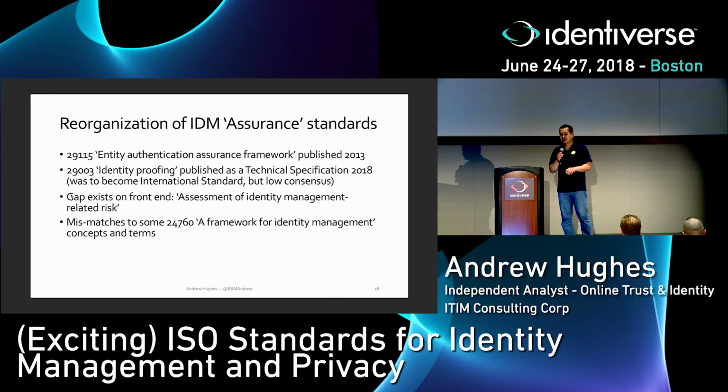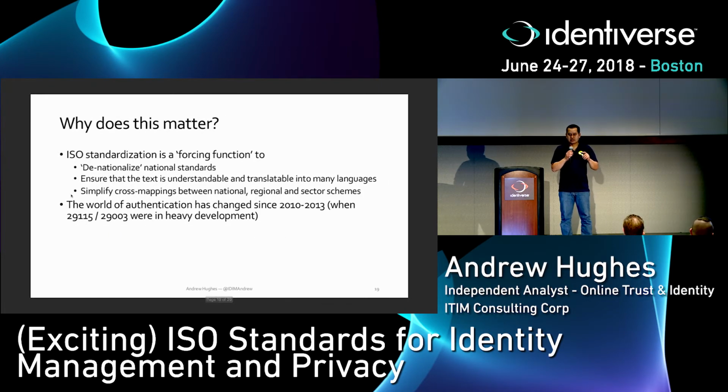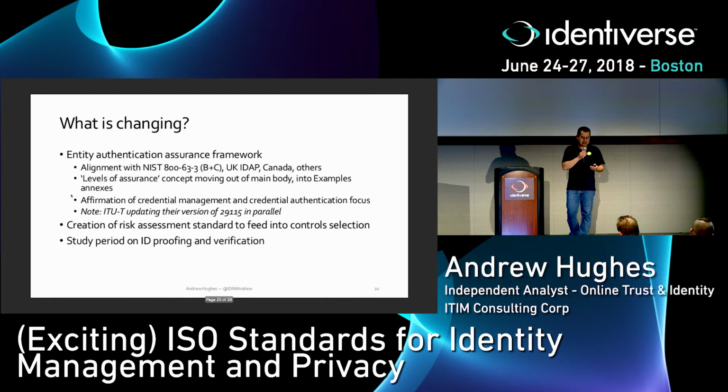So we're starting that document that prefixes all of the other risk-based assurance standards for identity, and terminology issues and conceptual issues between the published international standard framework for identity management, that's management of identity systems, and the assurance standards, which are more the operational side of identity systems.